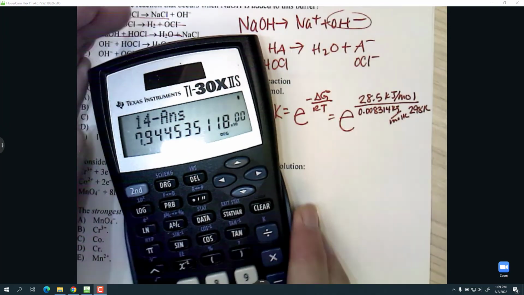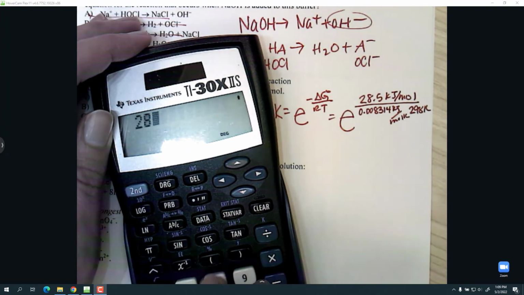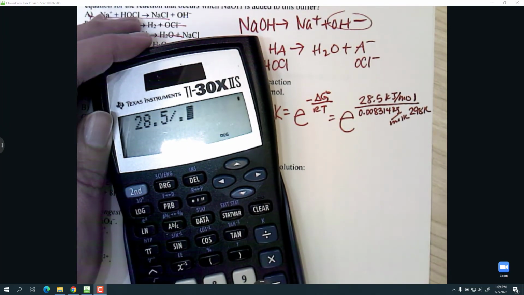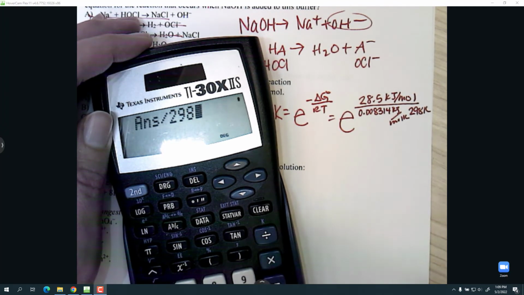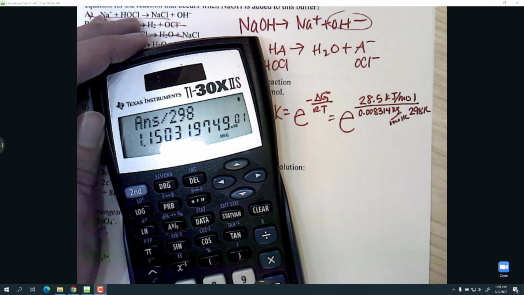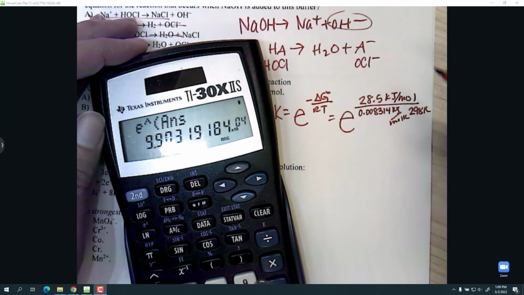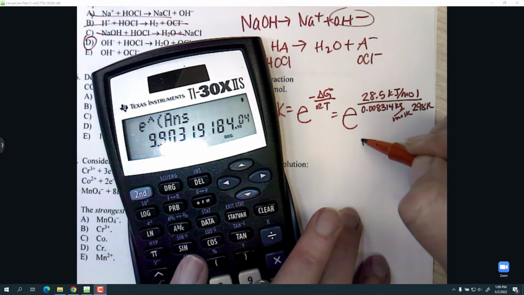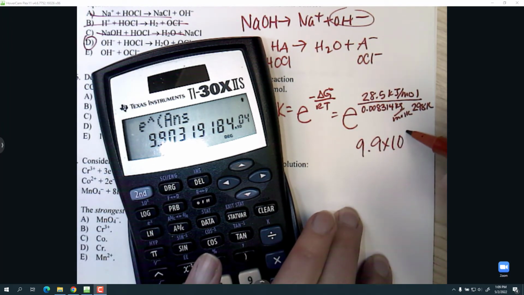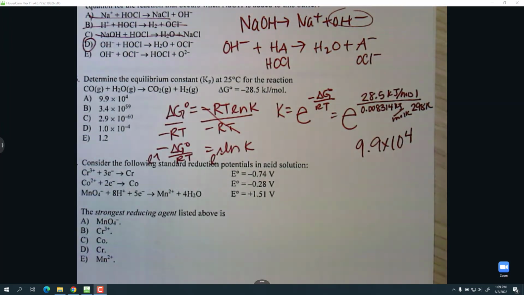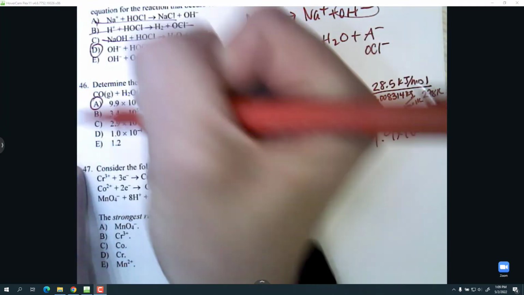I'm going to do my exponent first: 28.5 divided by 0.008314 divided by 298. And I just need the exponential of that. 9.9 times 10 to the 4th.